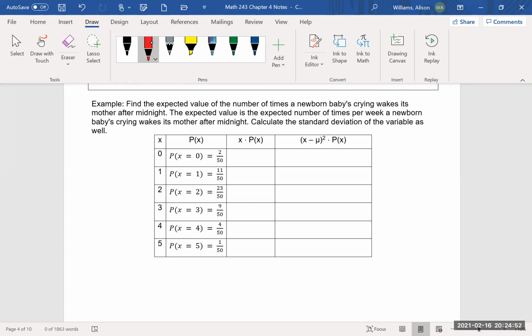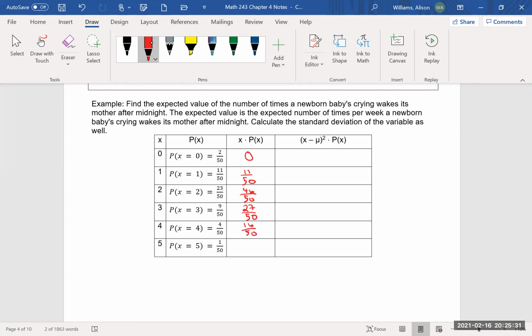All right, so X times P of X, so 0 times 2 over 50, that's going to give me 0. 1 times 11 over 50, that's going to give me 11 over 50. 2 times 23 over 50 is going to give me 46 over 50. 3 times 9 over 50 is 27 over 50. 4 times 4 over 50 is 16 over 50.